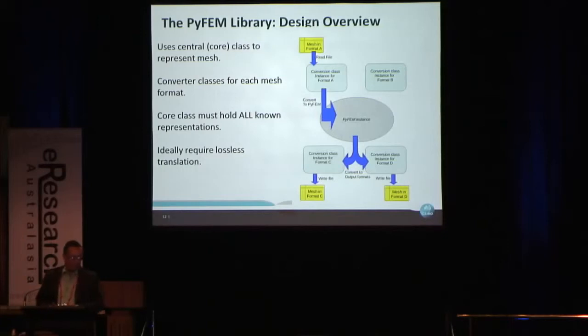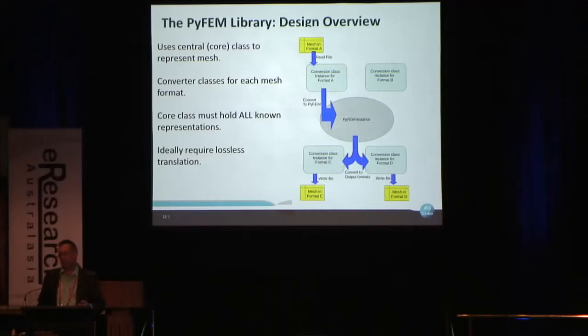So there's the overview of the design. Of course, we've got the core PyFEM class, and then there's a conversion class for every format that is added to the library.